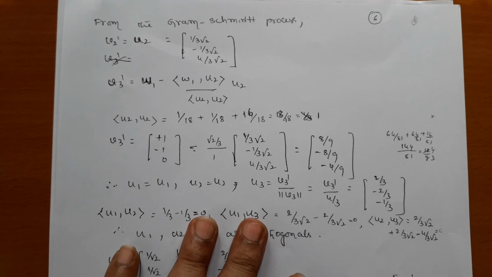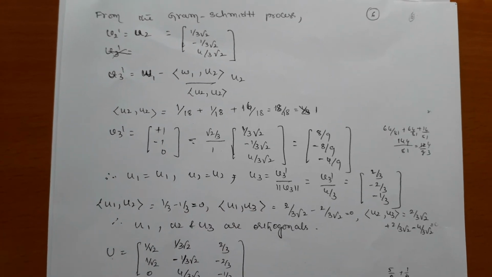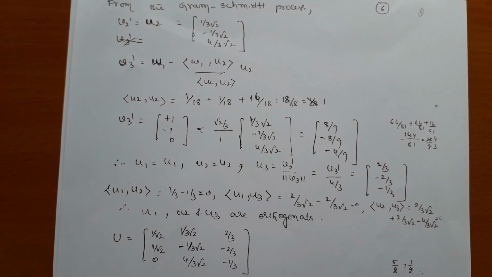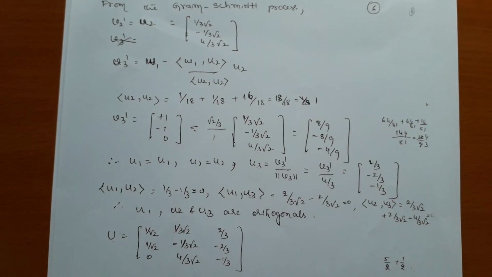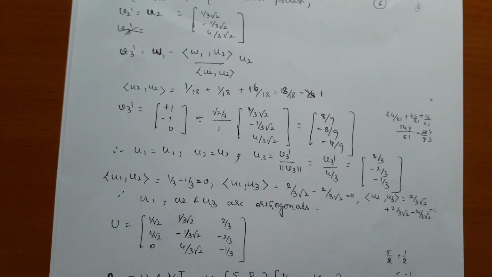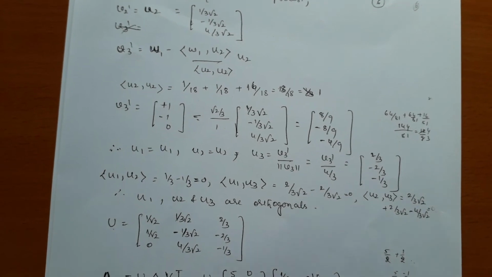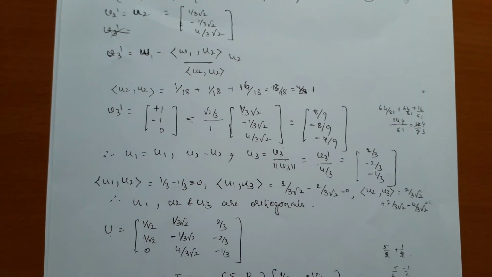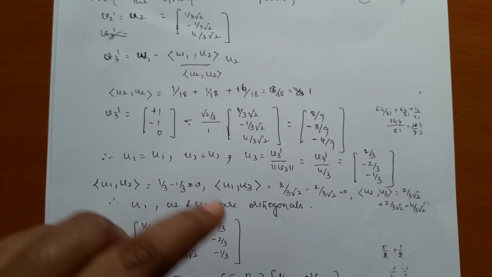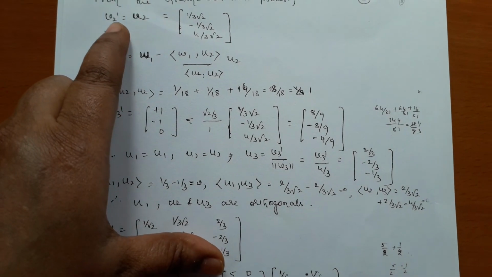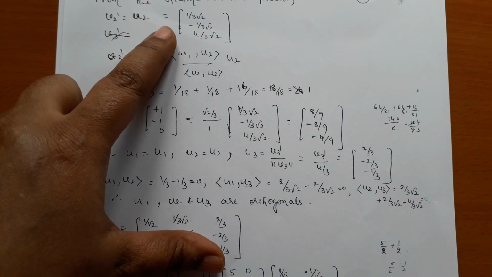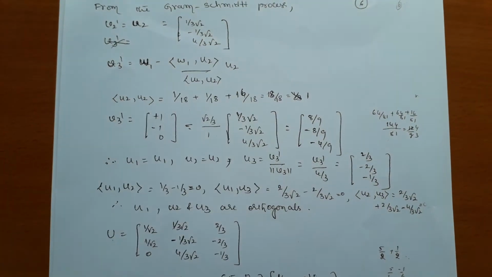I think it's clear. Even though I have to find u1, u2, you find w1 using u1 transpose x equal to 0. Since the inner product of u2 and w1 is not equal to 0, you pick u2 and w1 and apply Gram-Schmidt. I'll take v2 prime as nothing but u2. What is my u2? It is this.